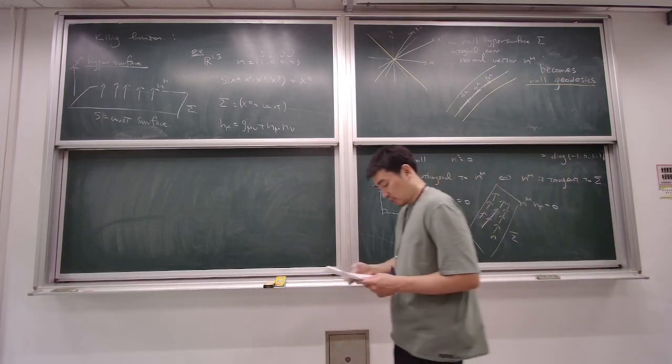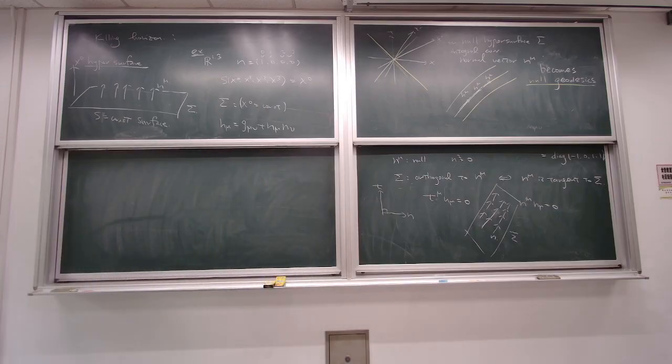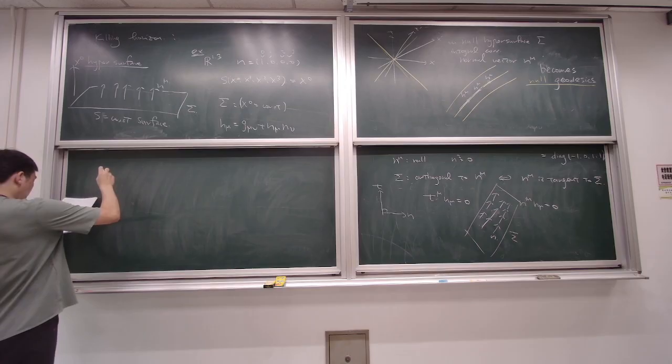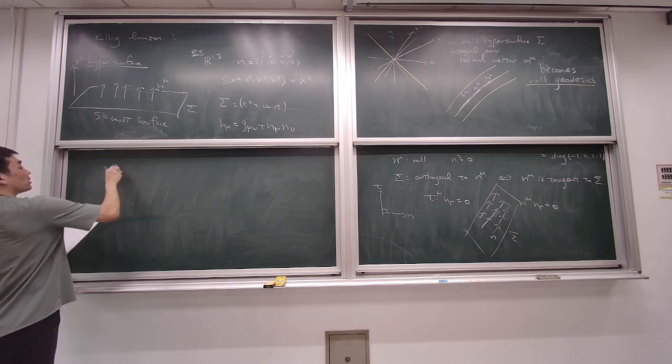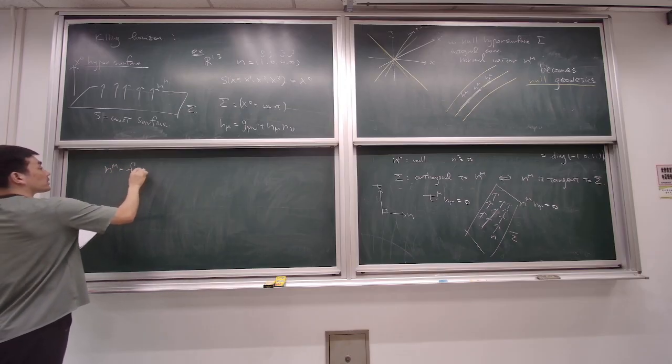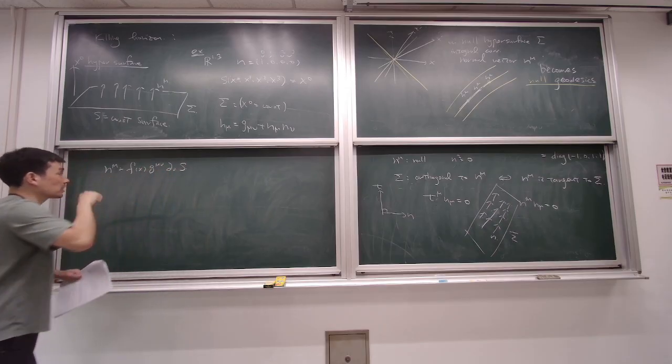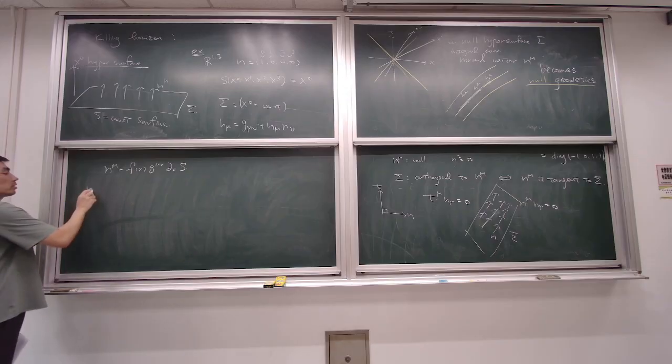Okay, let's prove that. So suppose n mu is again something like f of x g mu nu del nu s. So that's the case, and we satisfy n squared is equal to 0.